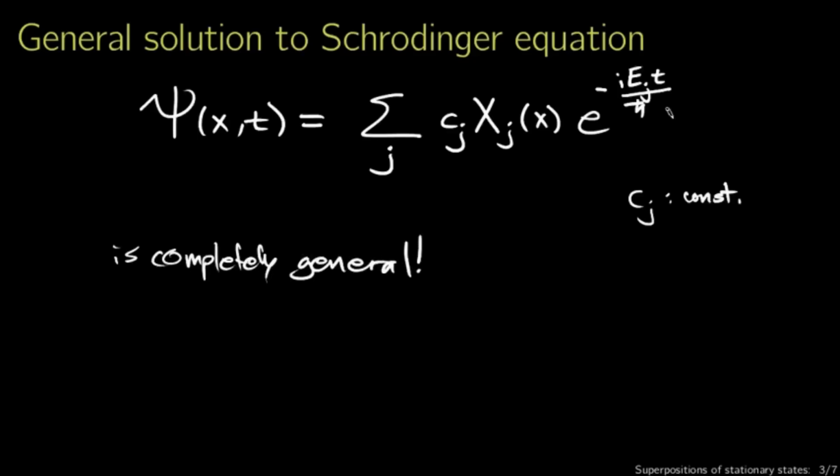That's a little surprising. What that means is that this can be used to express not just a subset of solutions to the Schrödinger equation, but all possible solutions to the Schrödinger equation. All the solutions to the Schrödinger equation can be written like this.